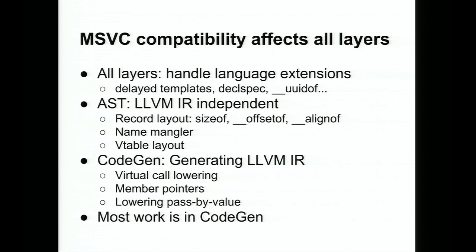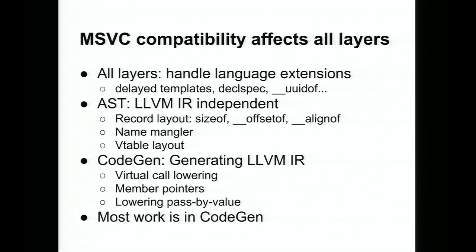So you really need record layout in there because when you're doing template instantiation, you're going to need to be able to answer questions like, what is the size of this object? And that is really an ABI question. And then furthermore, offsetof and alignof. And then you also have other stuff like the name mangler and vtable layout code. That's really in there just because it's LLVM independent.